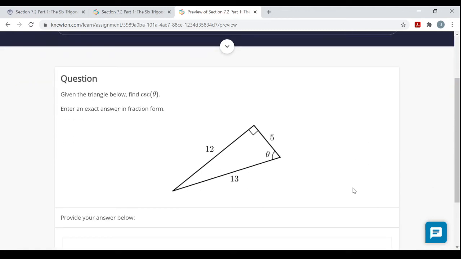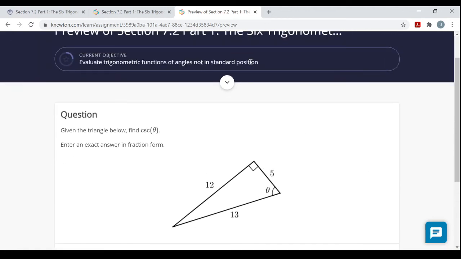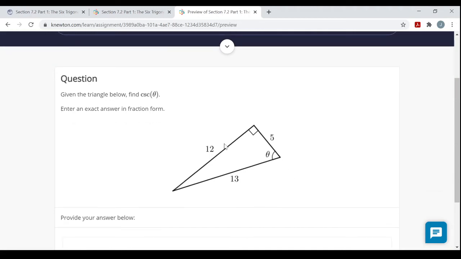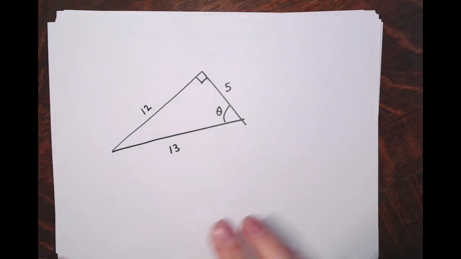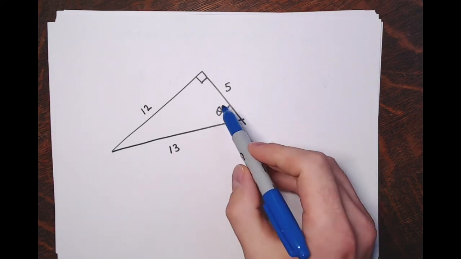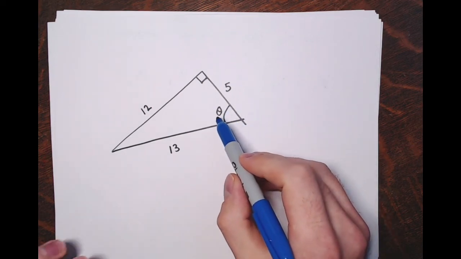So here's another one again. When they say not in standard position, all it means is that you're looking at a right triangle where none of the sides are horizontal, just a weird looking right triangle. So again, I'll just draw a picture and show you. Here's this one, and the only angle that's named is angle theta.